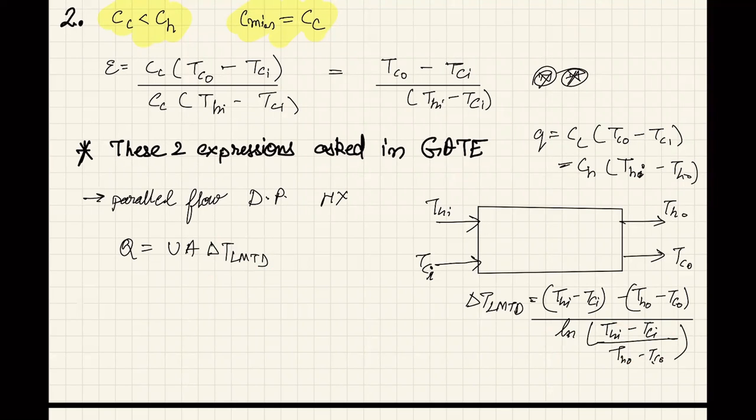We have done this kind of jugglery while deriving the delta T LMTD also, so don't get intimidated. I have explained the jugglery that I am going to do. Just to save time, I am writing out the final expression after doing the jugglery. You can try doing it yourself and verify.